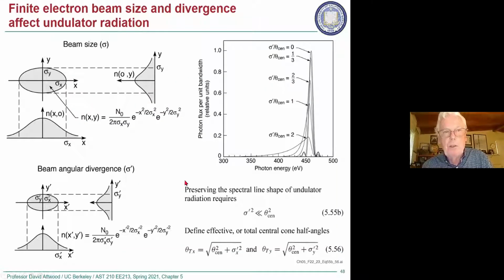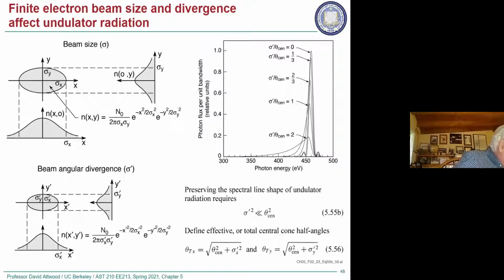Beam parameters we talked about, right? There's a cross section, which for most facilities now is highly elliptical. In fact, for the ALS, I looked up the number, but it's almost 50 to 1, I think.